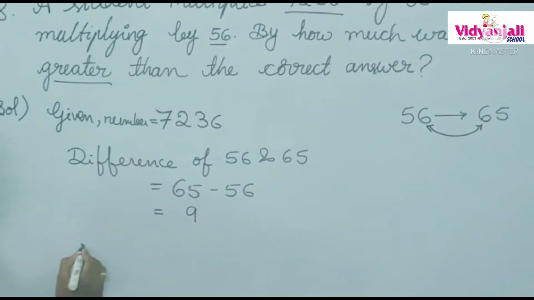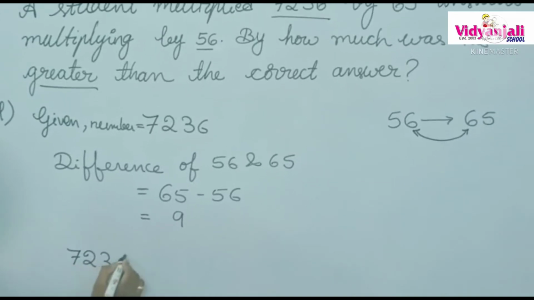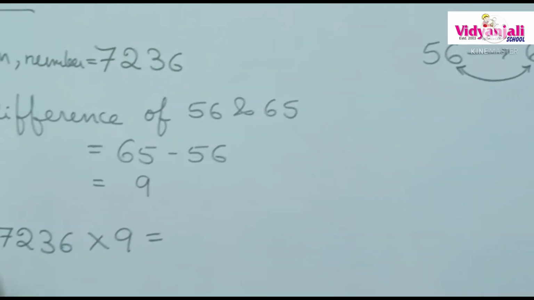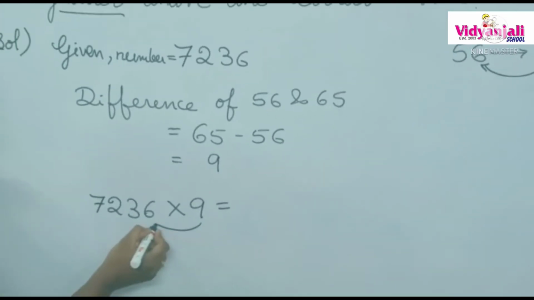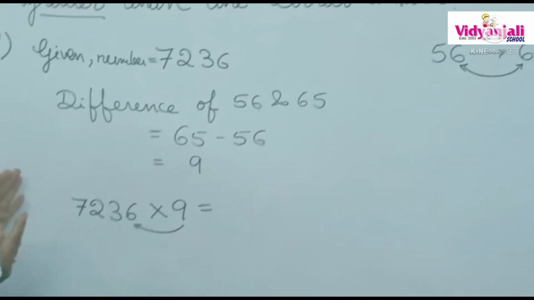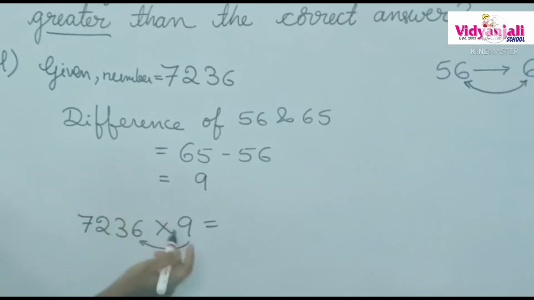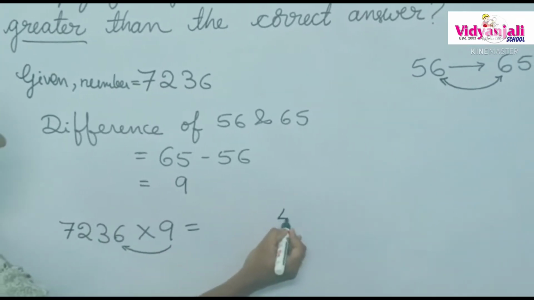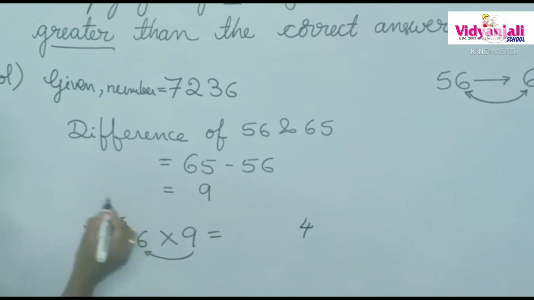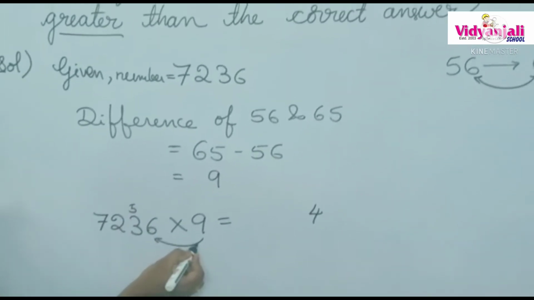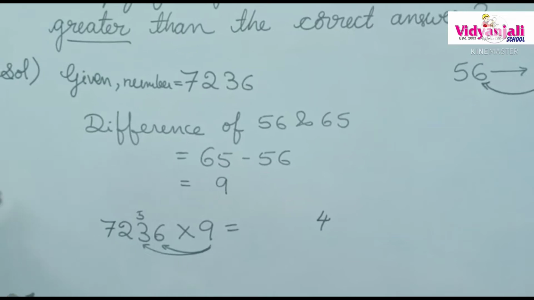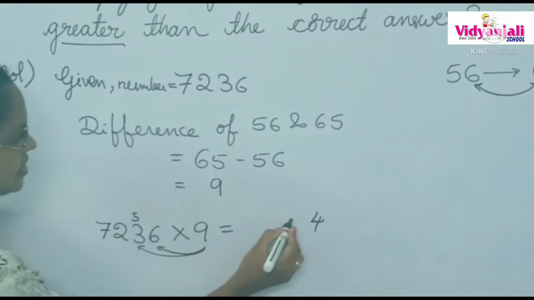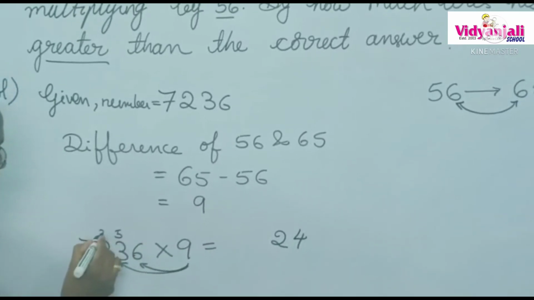So we have to multiply 7,236 with 9. Let us multiply in the horizontal method. Whenever we multiply in the horizontal method, we have to multiply from the ones place. 9 sixes are 54, so 5 carry. Then 9 threes are 27 plus 5 is 32. 3 carry.